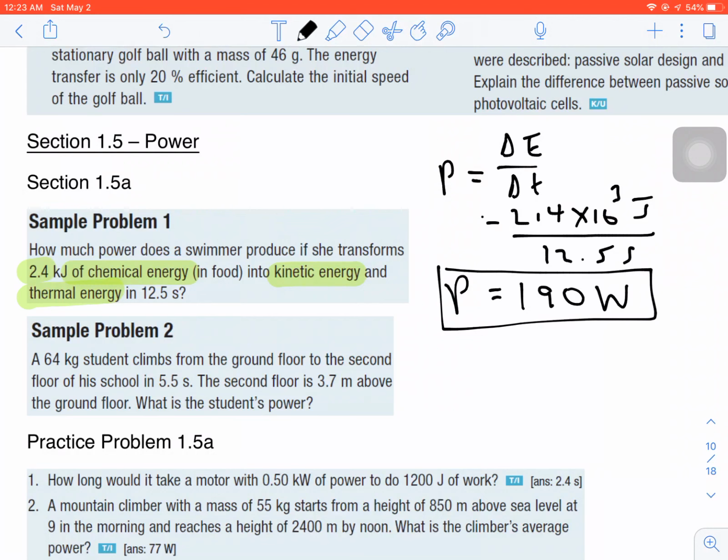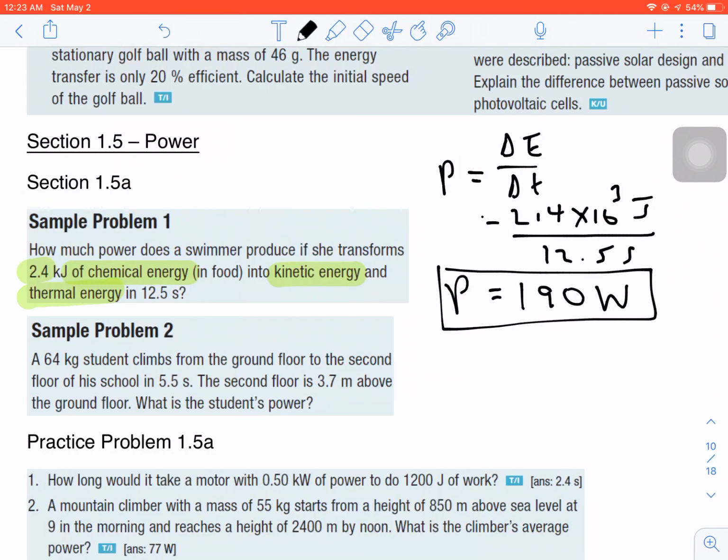So if a stair is 17 centimeters, and you're going up 10 stairs, then you're going up 170 centimeters. So multiply the number of stairs times the height per stair. That will tell you the height that your body's going to move. Then figure out how long it takes you.